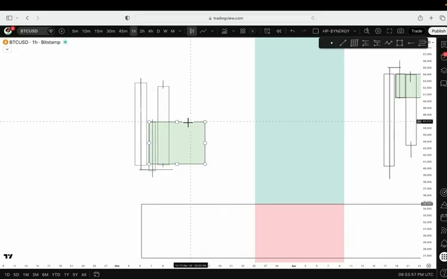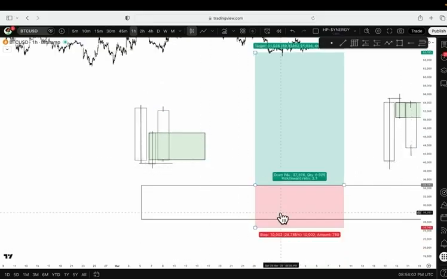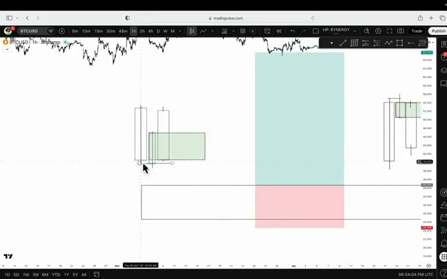Let's continue. So it has to close with the body above for buys. Remember, it has to occur inside here. The middle candle has to sweep the previous candle. The next candle has to close with the body of the candle. Now, as soon as it closes with the body of the candle, it is your choice to enter immediately or at the point of interest.